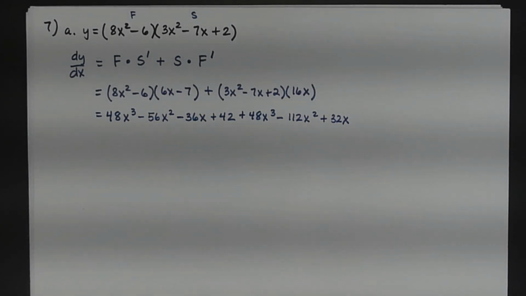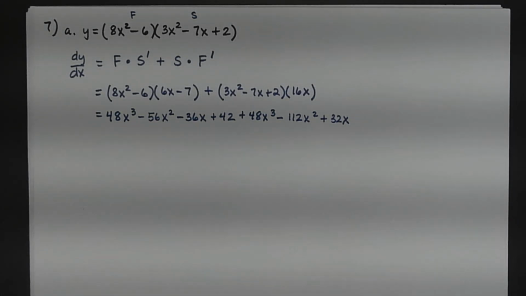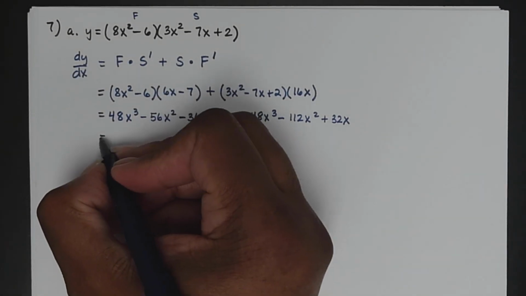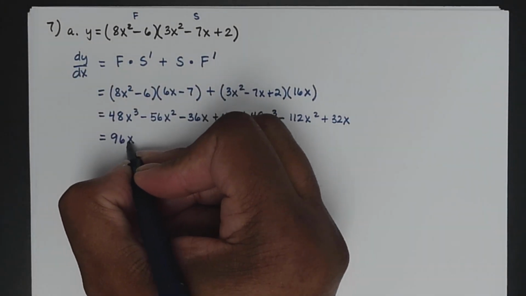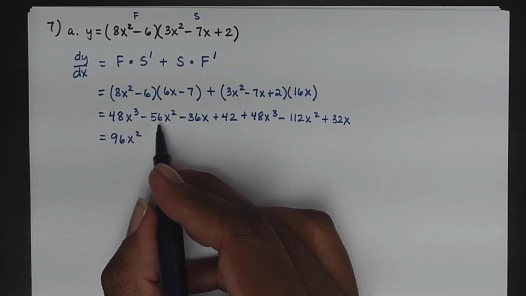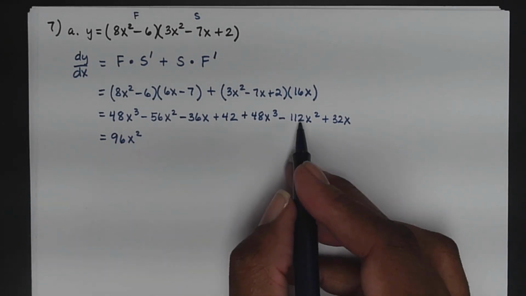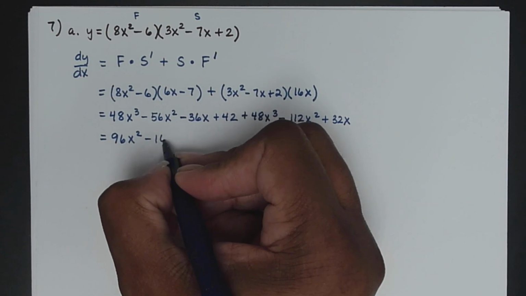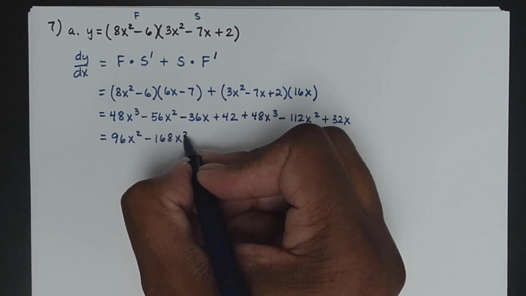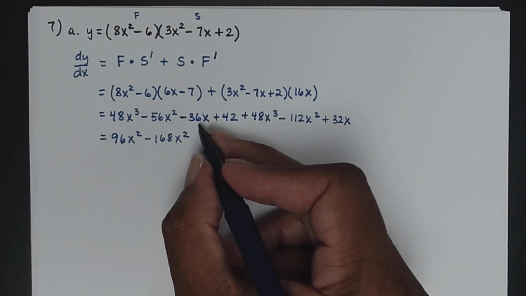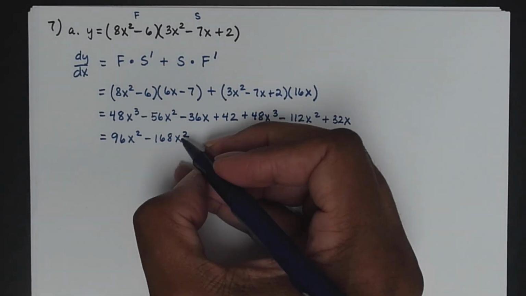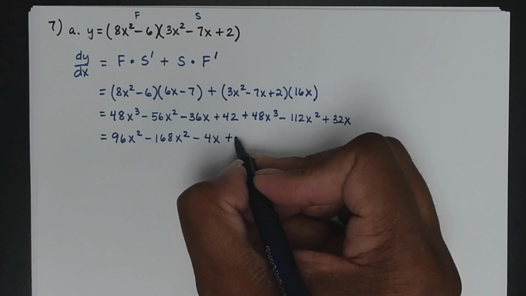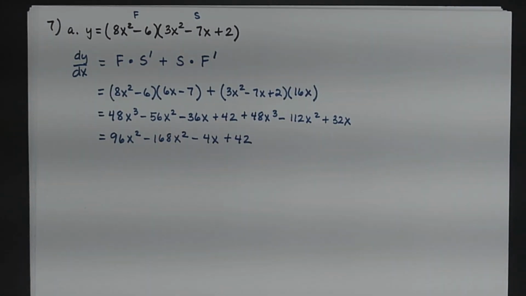Now let's combine like terms here. 48x cubed and 48x cubed added together will be 96x cubed. Minus 56x squared and a minus 112x squared will be a minus 168x squared. Minus 36x and a plus 32x will be a minus 4x. And then the only thing left is the plus 42.